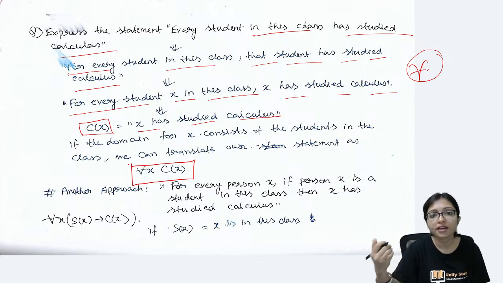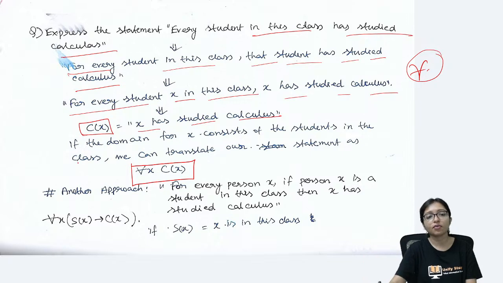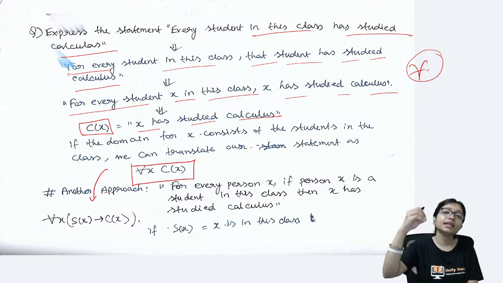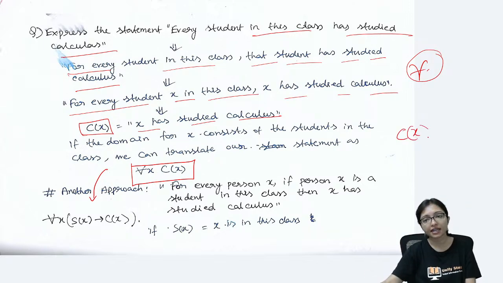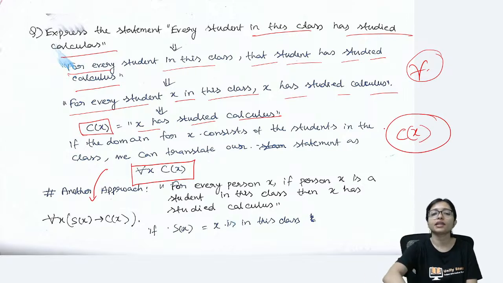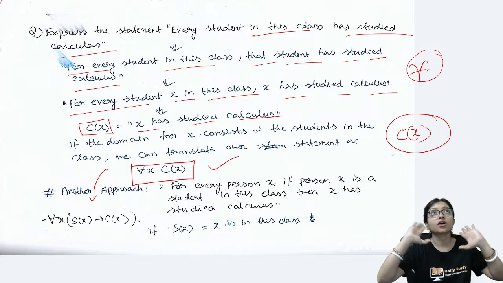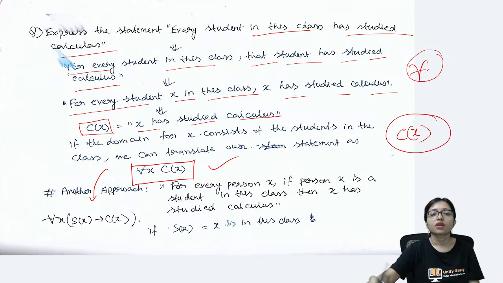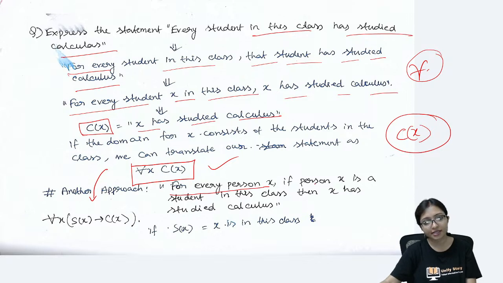This one only we can write in a different way. That is very important. Understand it. Another approach. If I am taking a limited domain, that is C(x) means studied calculus, with this one I am comparing, then we are doing with this. But if I am trying to compare with the whole world, then how can we do? For every person x, if, when I am representing in if-then, whenever the if-then combination will be there, then it will be implies.